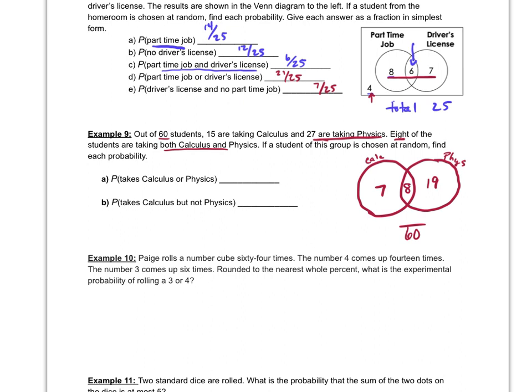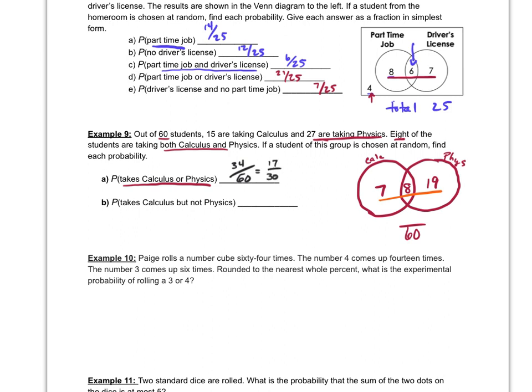And it says, let's see here, the probability that a student takes calculus or physics. Well, add them all up. Probability that they take those is going to be 15 plus 19, I'm going to go with 34. So the probability is going to be 34 students out of 60, or 17 out of 30.